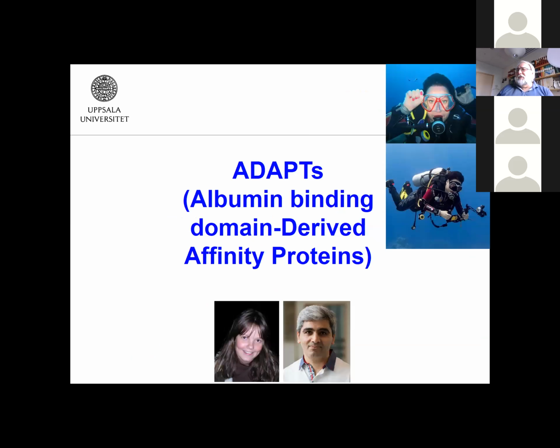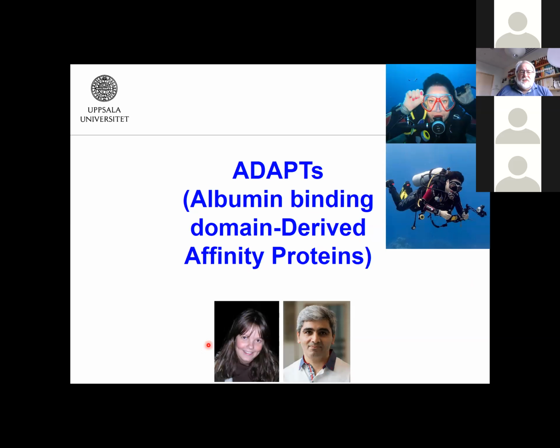Antibody molecules are not the only possible scaffold, and another scaffold which is now in work is ADAPT, or albumin binding domain derived affinity protein. The mastermind behind development of this tracer was Sophia Huber, who, when she is not diving, is a professor in biotechnology at Royal Institute of Technology.